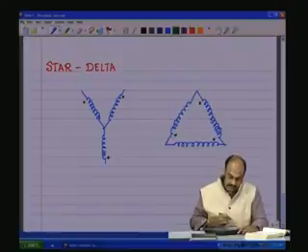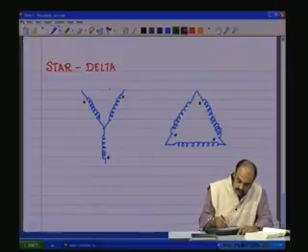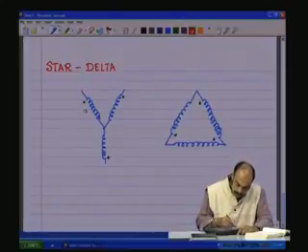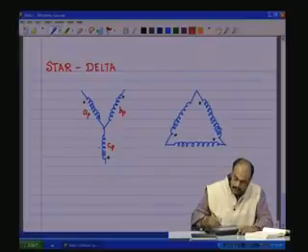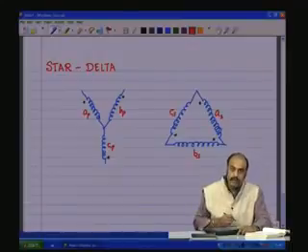In sequence, let us say this is the AP coil, the BP coil and the CP coil, and this is the AS coil, the BS secondary side coil and the CS coil.